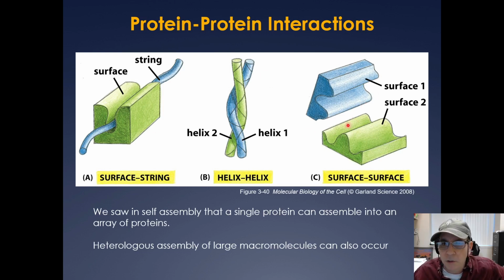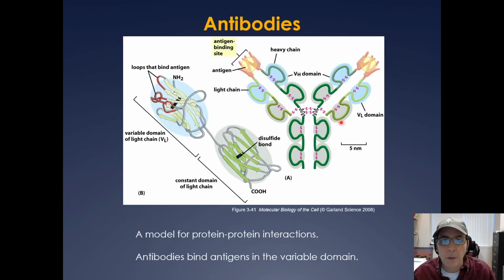So don't get too hung up in the way these things look. It's just important to know that large protein macromolecules can come together to do different things, and we'll see this all along and even later today.